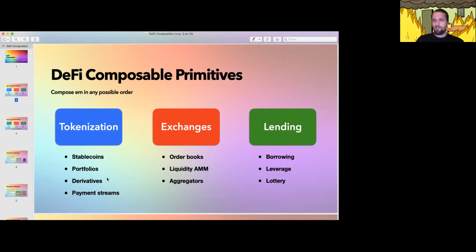Also, payment streams is one of the primitives which is not currently implemented in a final stage, but some teams are working on this. They are producing wrapper tokens, which also include continuous payments inside.